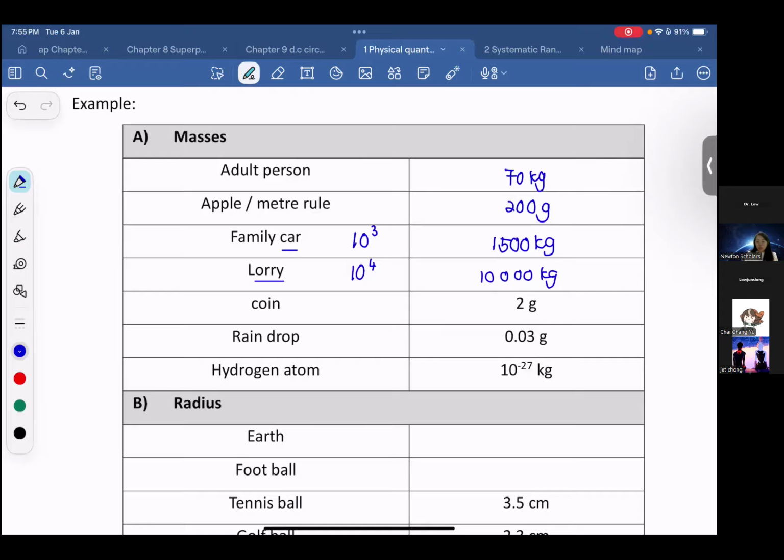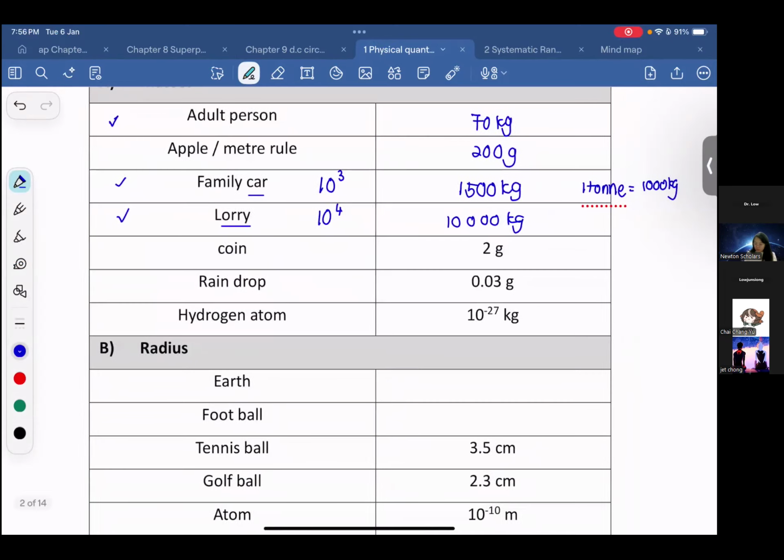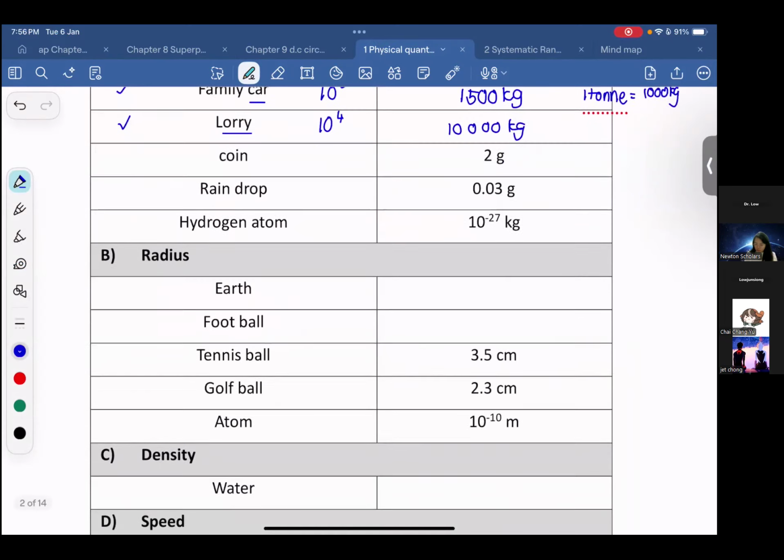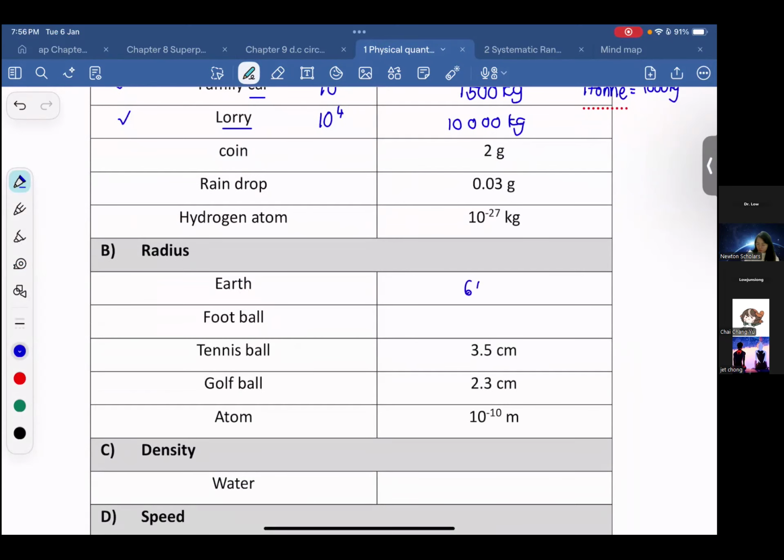The coin is 2 gram, raindrop, hydrogen atom. For me, this one is very popular. You have to know. One more is 1 ton. It's actually 1,000 kg. Then radius. The radius of the Earth is 6,400 km.